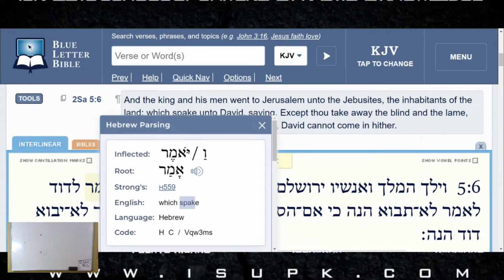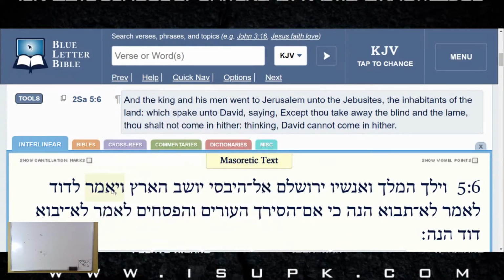It's crazy that I mentioned that because I forgot about it. I thought it would be all right just to mention in the class, but they actually used it here in this verse. They use Amar as speak, and they use the character Wa as "which spake," or today we would say "which spoke." The inhabitants of the land which spoke. Waya'amar, which spoke. La Dawada, to David.